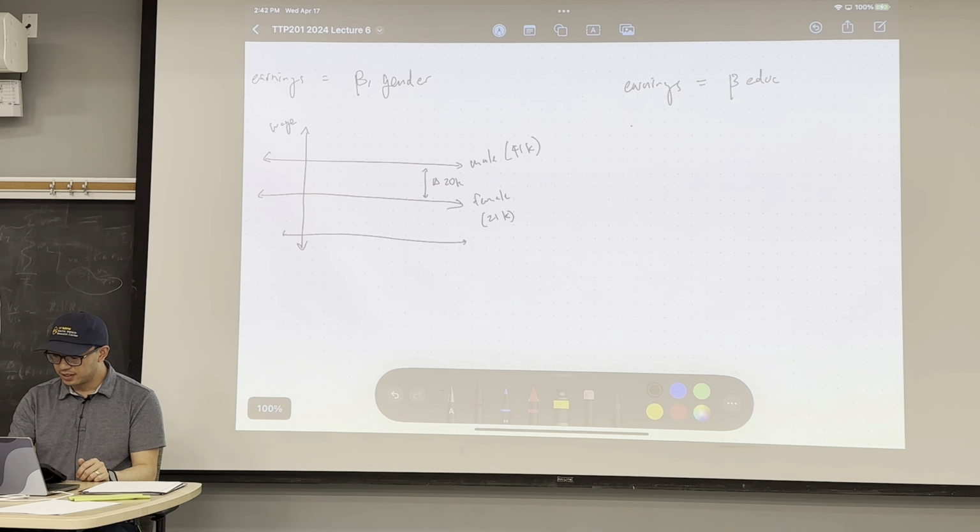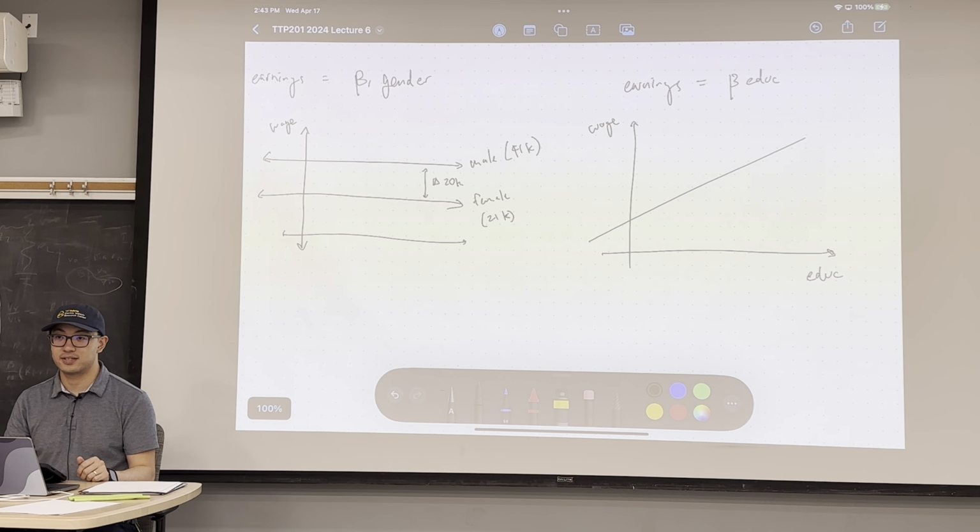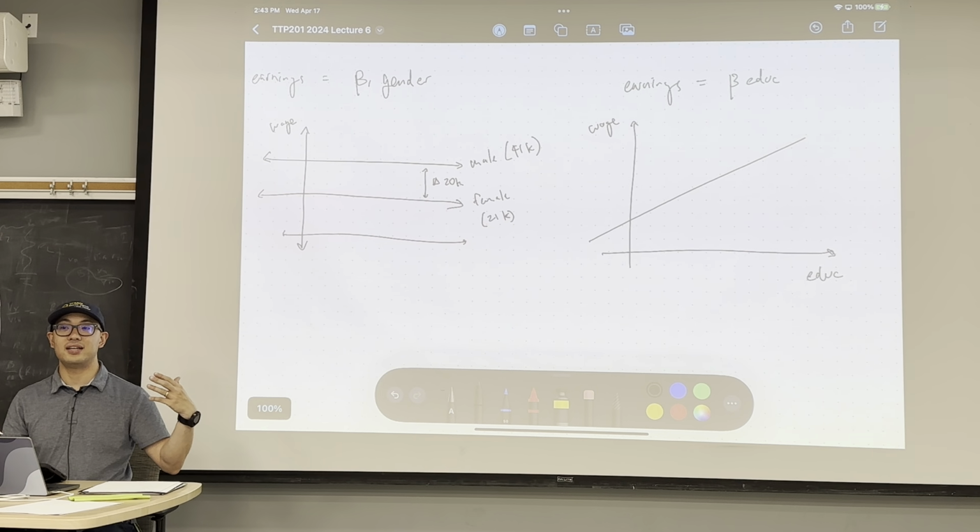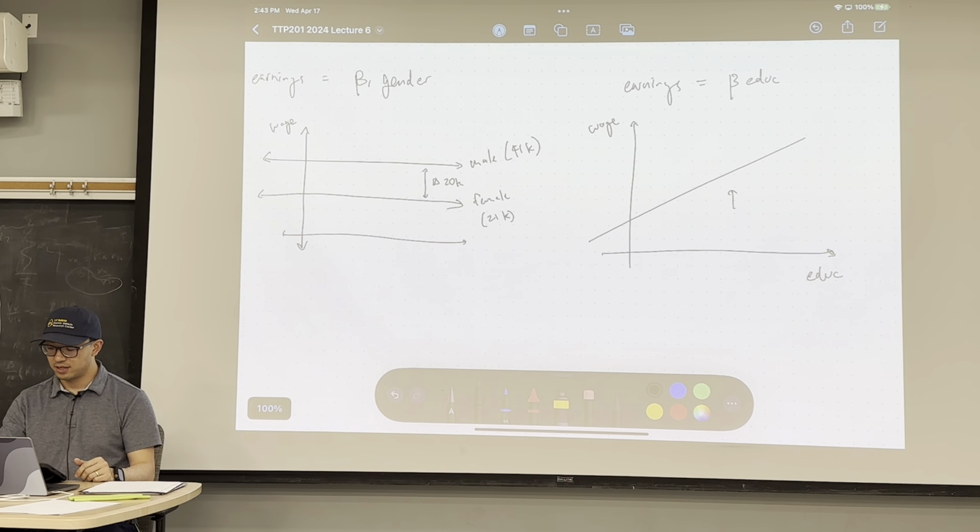Okay? So this one should be easier to interpret. So education and wage, right? And we have a line that looks like this.